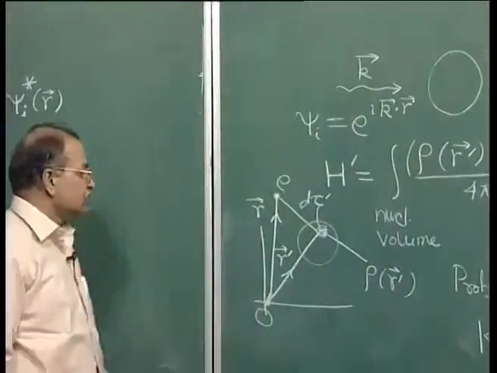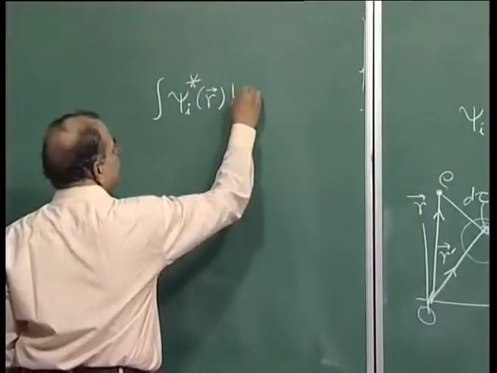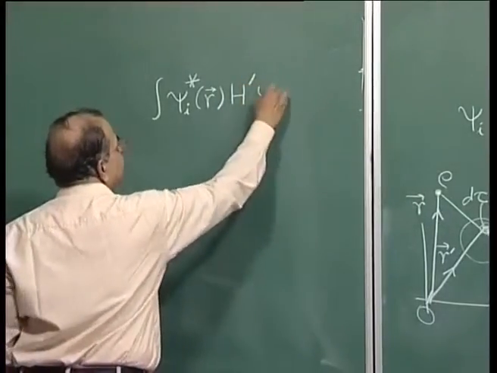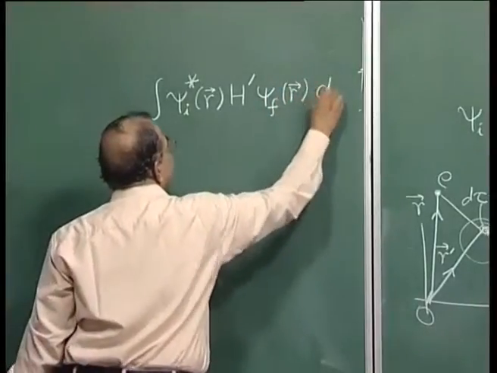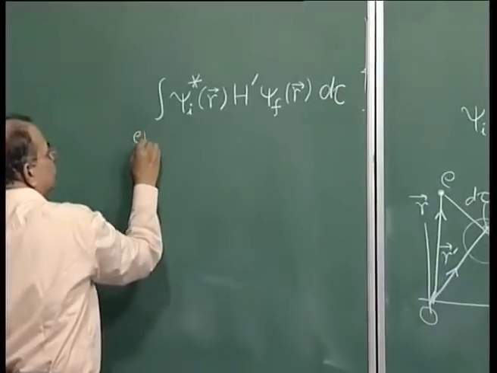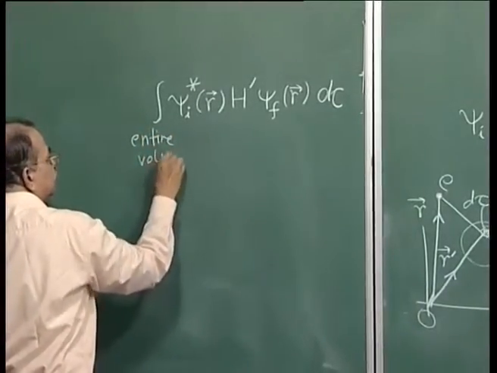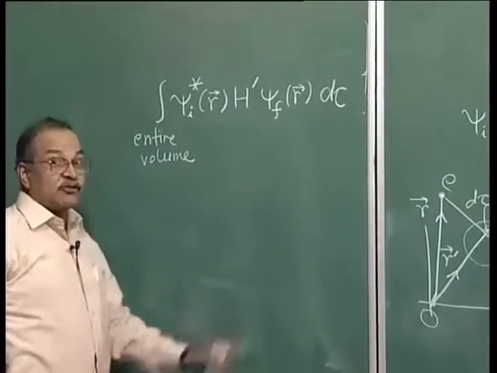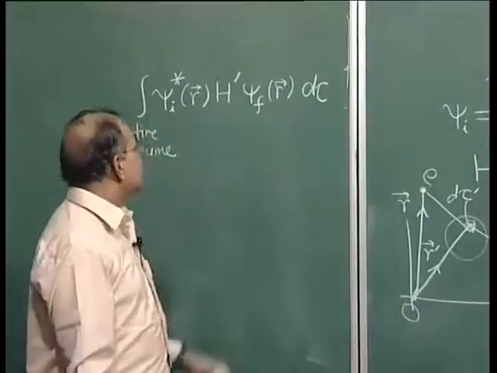So, that is this psi, and then you write that interaction energy h prime whatever it is, and then psi f of r, and this integrated over the entire volume. Entire volume, not of nucleus, the whole volume. So, that is this quantity.